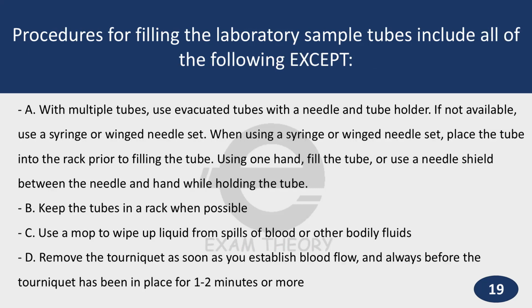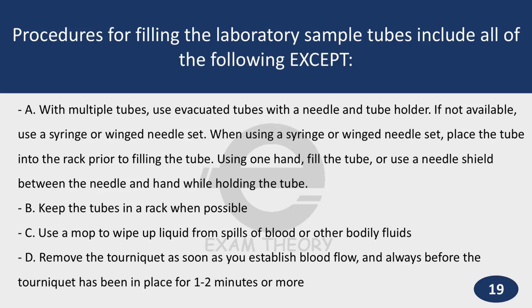Procedures for filling the laboratory sample tubes include all of the following except A. With multiple tubes, use evacuated tubes with a needle and tube holder. If not available, use a syringe or winged needle set. When using a syringe or winged needle set, place the tube into the rack prior to filling the tube. Using one hand, fill the tube, or use a needle shield between the needle and hand while holding the tube.